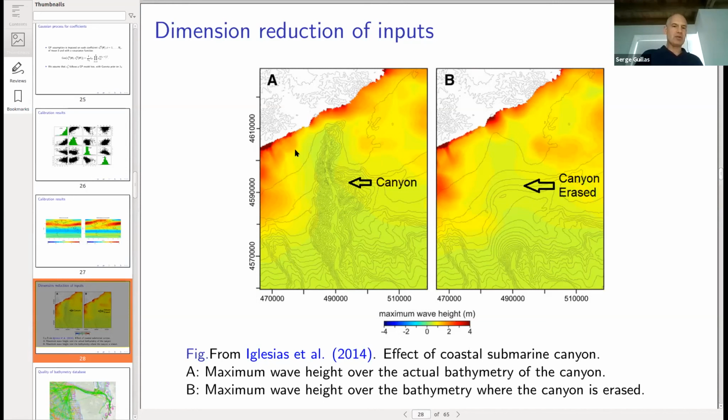So having precise bathymetry is very important. Now, it's not the case that we have precise bathymetry everywhere. So that's why we have to acknowledge this uncertainty. And this is the case even for the Cascadia that I showed earlier, this region of the Northwest Pacific.